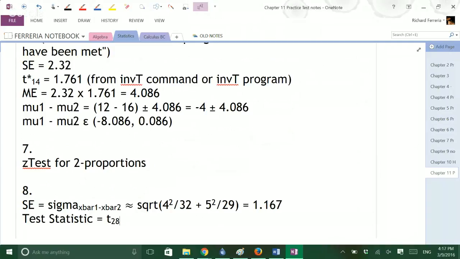T 28. So that's going to be X bar 1, which is 12, minus X bar 2, which is 9.8. We're going to divide that by my standard error, 1.167. It's going to be 1.885.